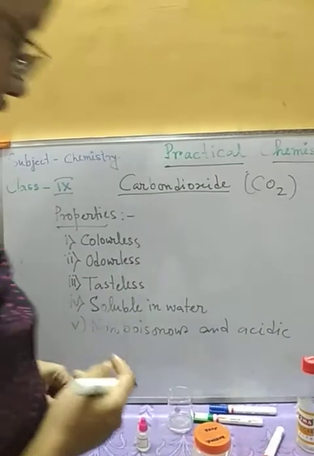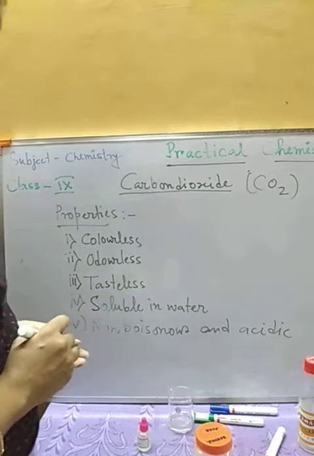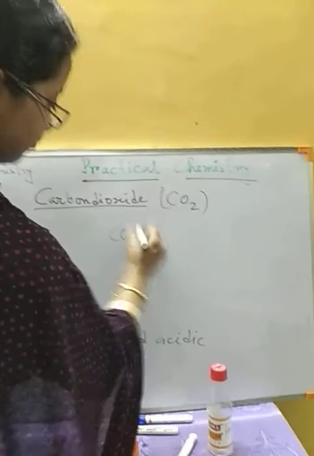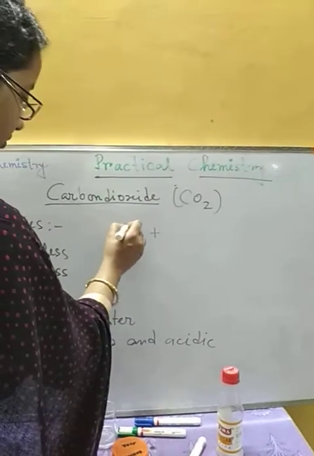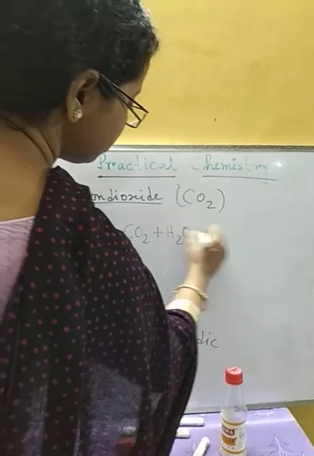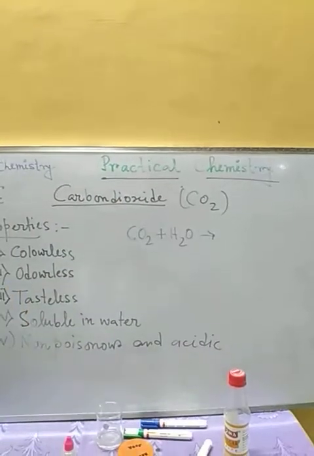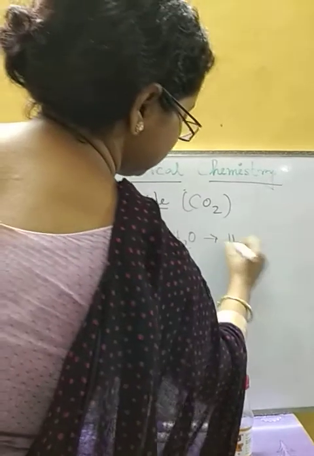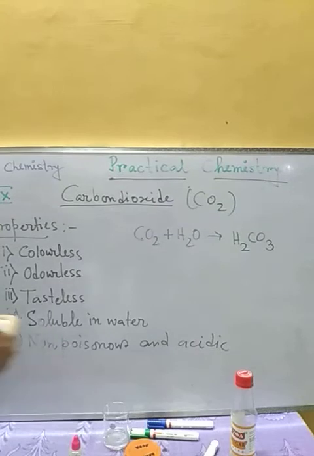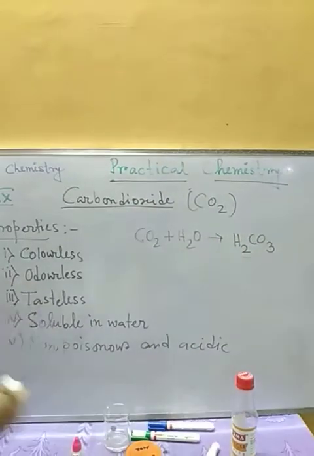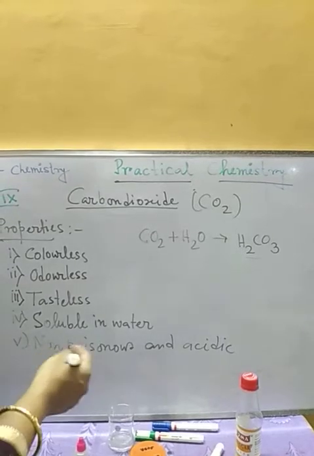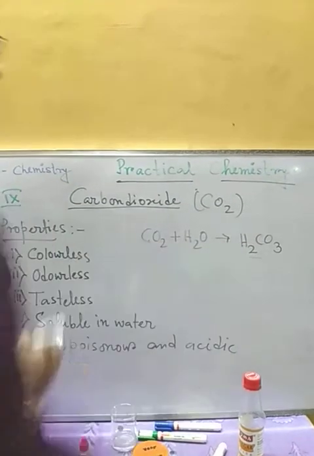Why is it acidic? Because carbon dioxide is an acidic oxide. If we dissolve carbon dioxide in water, we get carbonic acid, that is H2CO3. As we get an acid by dissolving carbon dioxide in water, from this we can say that carbon dioxide is acidic in nature.